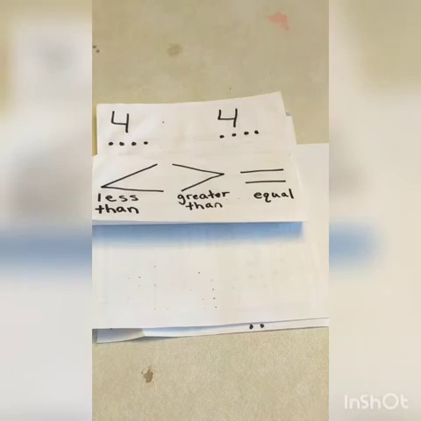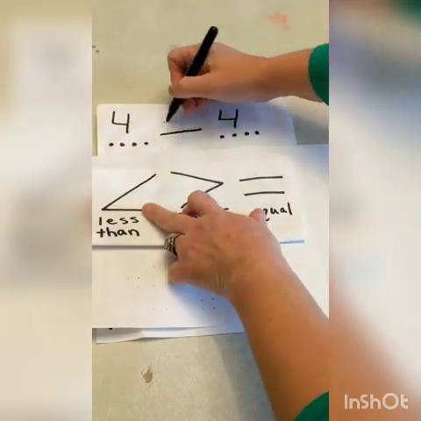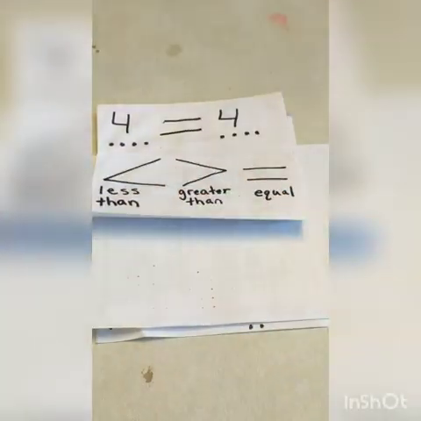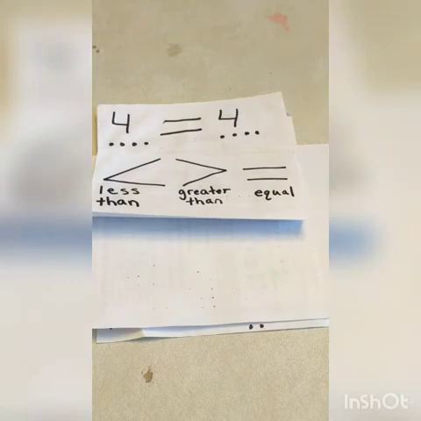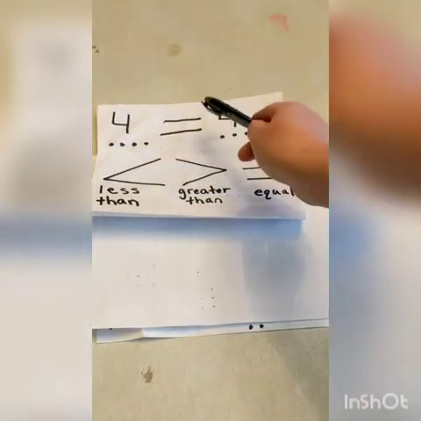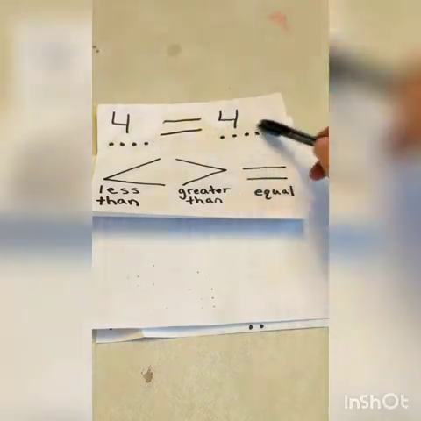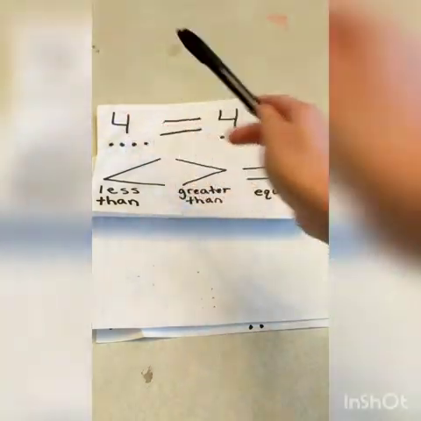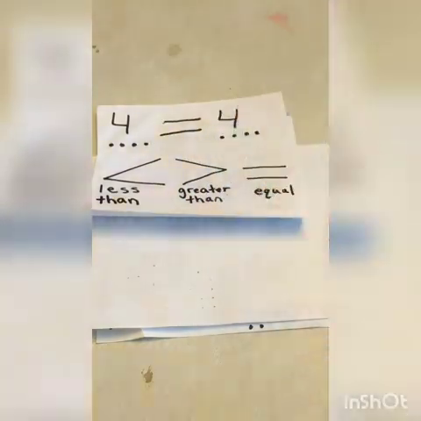Tell me your answer. You are correct if you said we're going to use the equal symbol because, remember friends, the equal symbol is telling us that the number on this side is the same number on this side. They are equal to each other. So 4 is equal to 4.